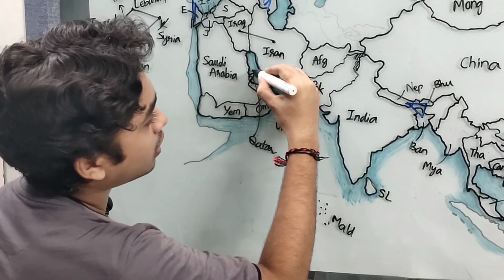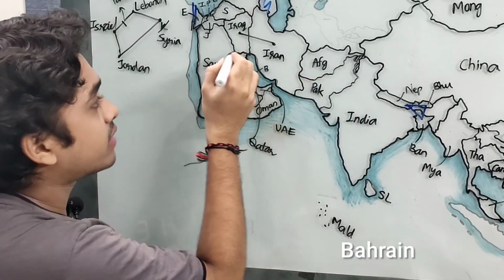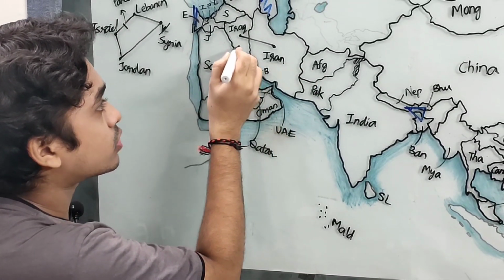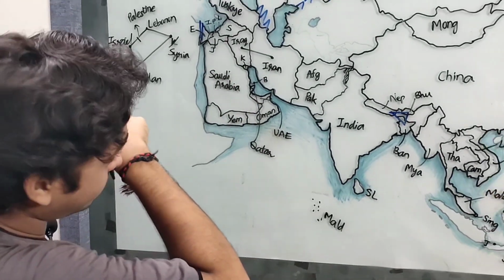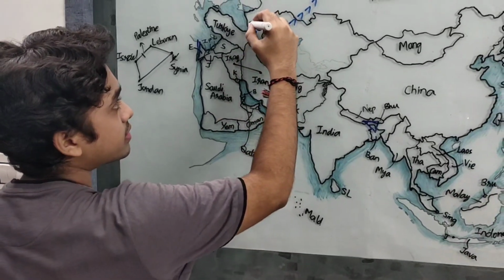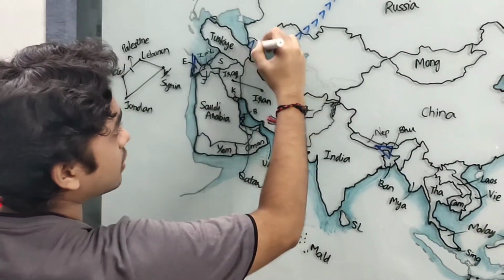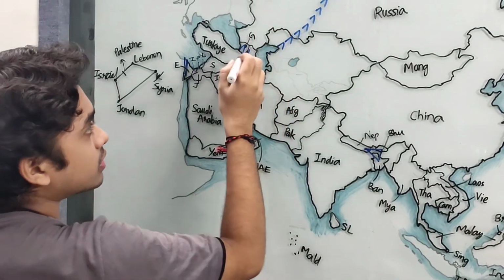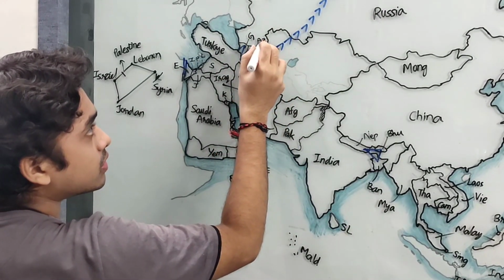And we have a small island country here, which is Bahrain, and then a small country here too, which is Kuwait. These are the countries that are situated in the Arabian Peninsula. We also have 3 more countries around here. This is Georgia, this is Armenia, and this is Azerbaijan.